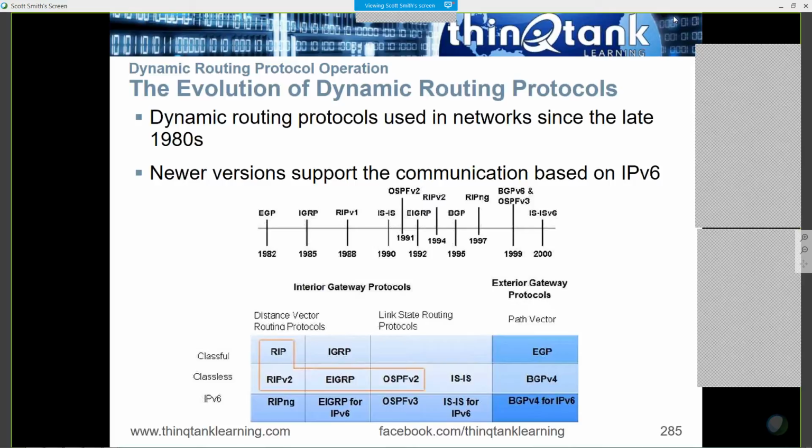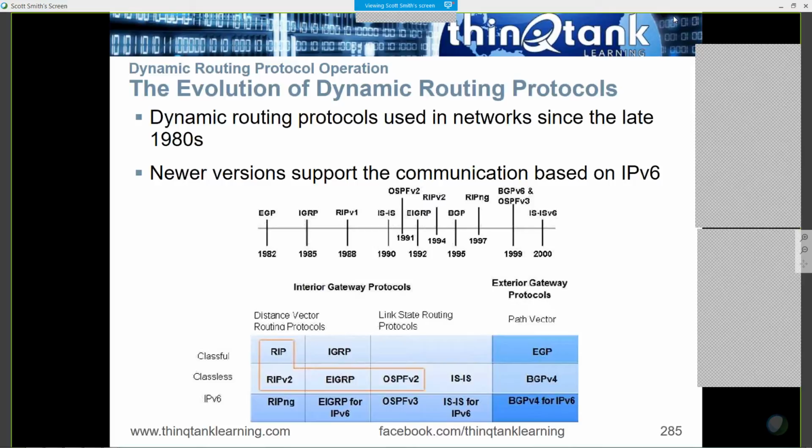So if you can imagine, companies are going to be running an IGP inside their network. They'll be running an EGP outside the network, like BGP. BGP happens to be the only exterior gateway protocol that's in use today.